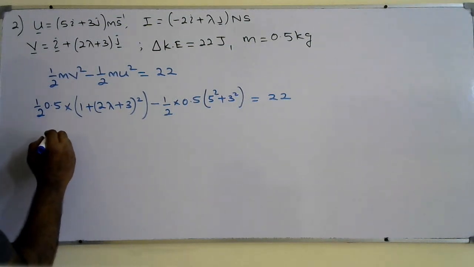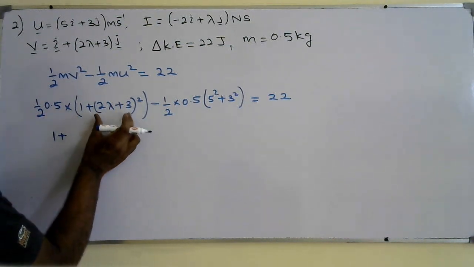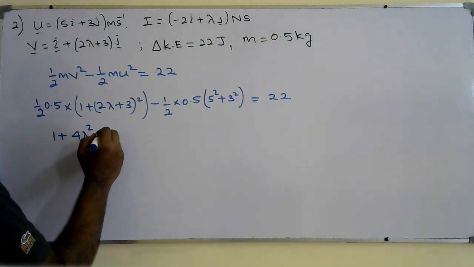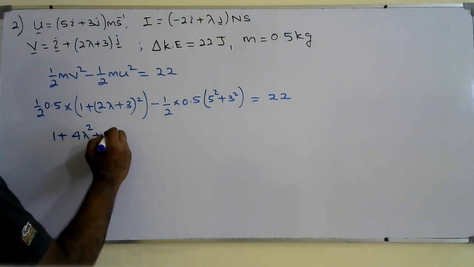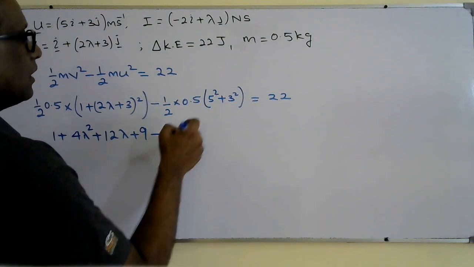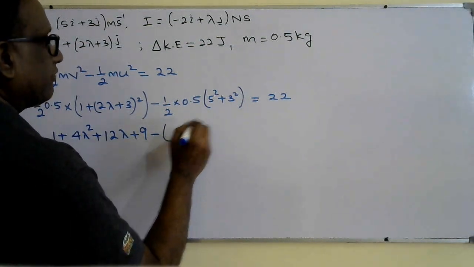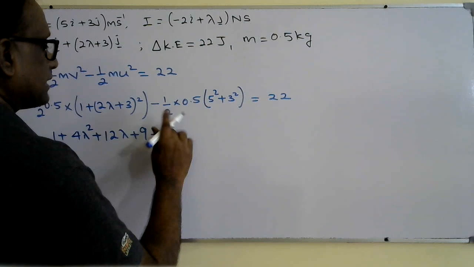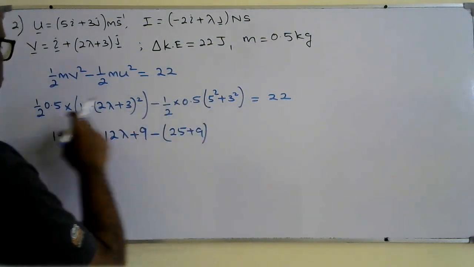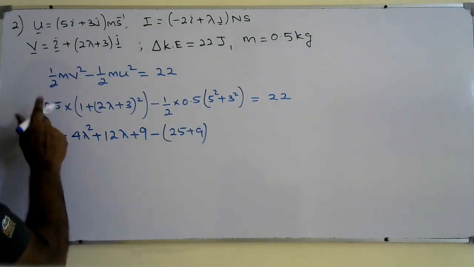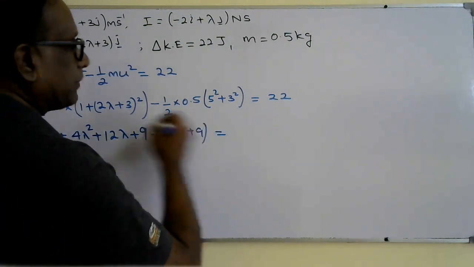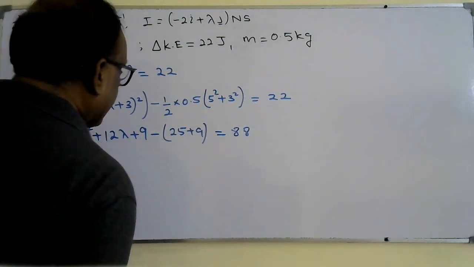If you expand this, you get 1 plus 4 lambda squared plus 12 lambda plus 9, minus (25 plus 9), equal to 88.